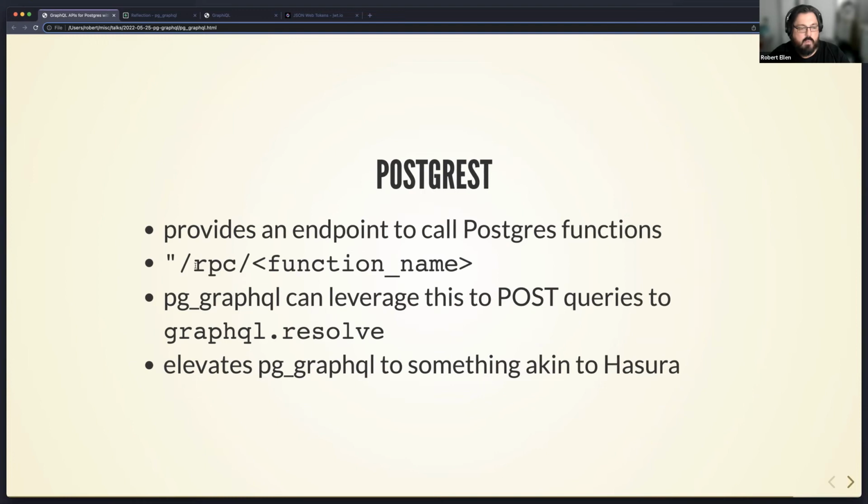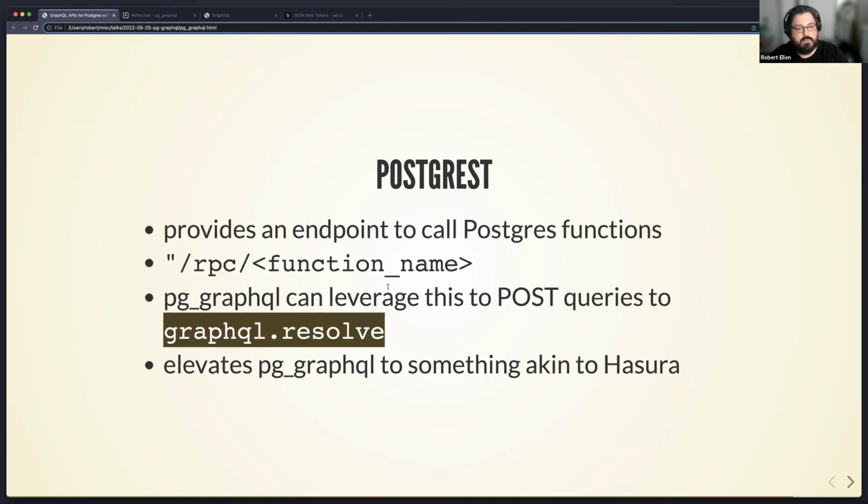Whereas we would have previously had a table name in there, we've got RPC and the function name, and if we post to that URL, it's going to call the function. So what we can do with PG GraphQL is post to the GraphQL resolve function, which is what we used to do GraphQL in native Postgres.